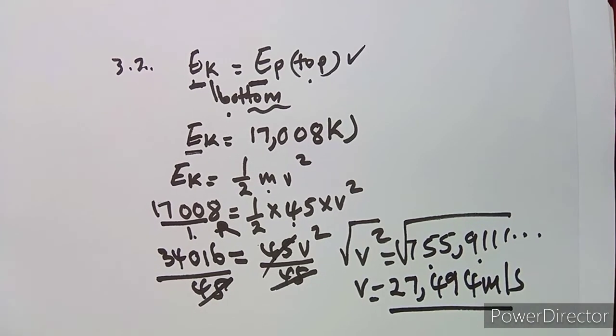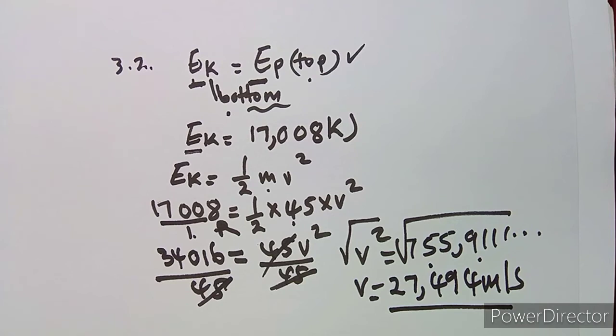So this is going to be your velocity. You're taking the velocity from the kinetic energy, because the kinetic energy at the bottom is equivalent to the potential energy that you had at the top. That's what we had from this question.